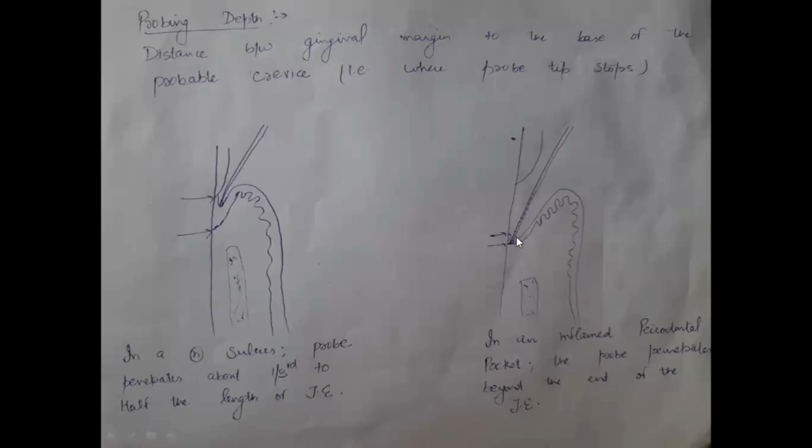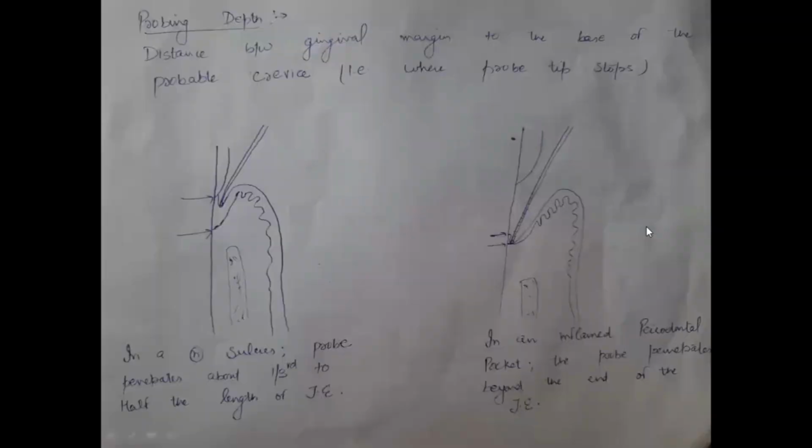I will explain it. Now these two diagrams clearly demonstrate the histologic depth and the probing depth. Biological depth is from gingival margin to the base of the gingival sulcular epithelium, and the probing depth is from gingival margin to where the tip of the probe stops.